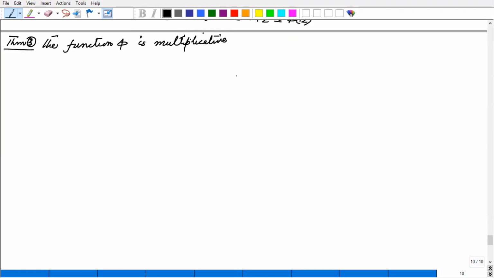At this stage, I am skipping the proof of this theorem, but we can use this result to show some other results as well. For example, we have another result.